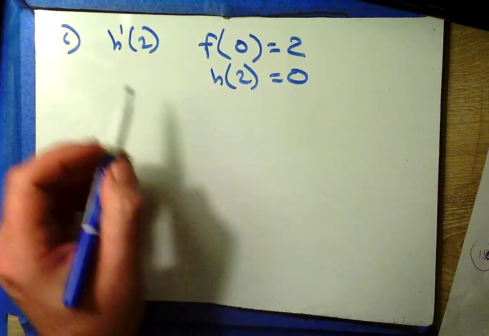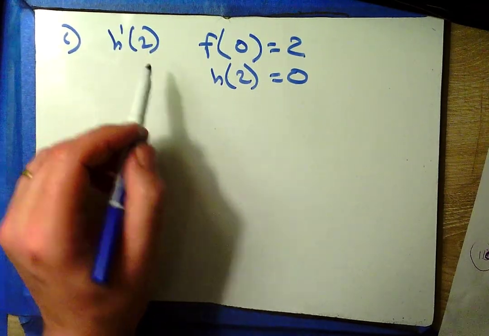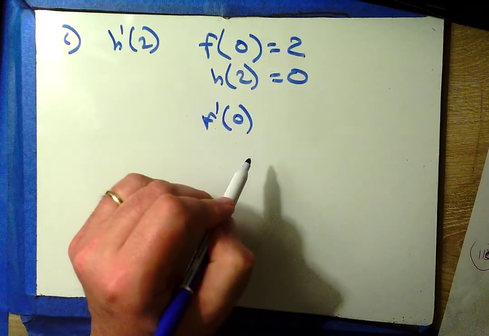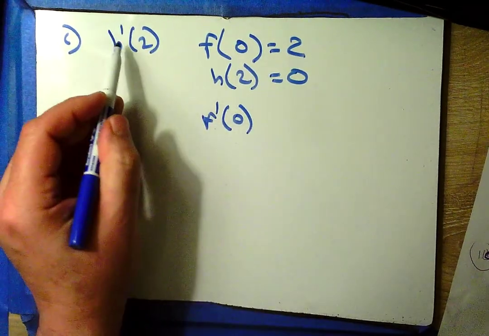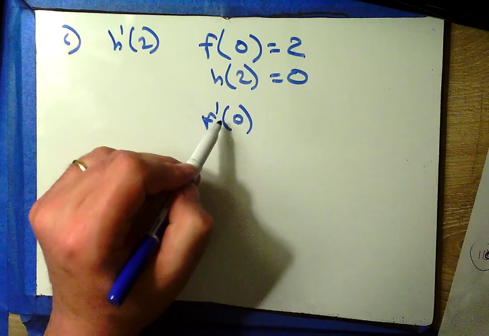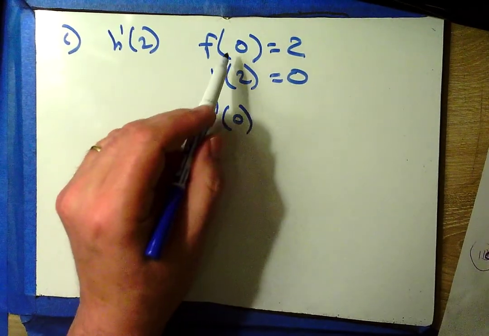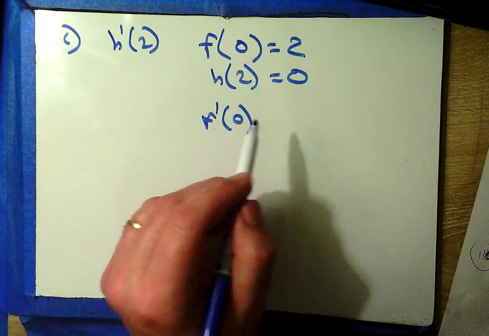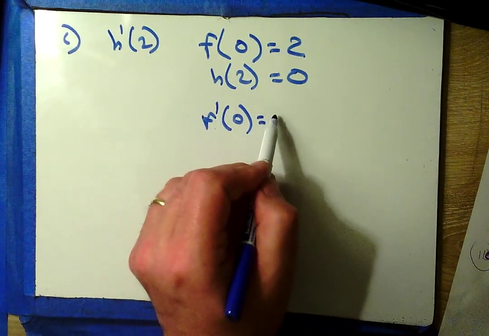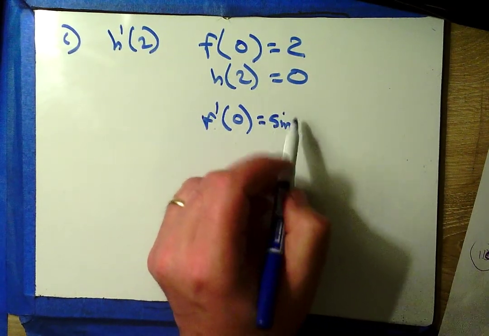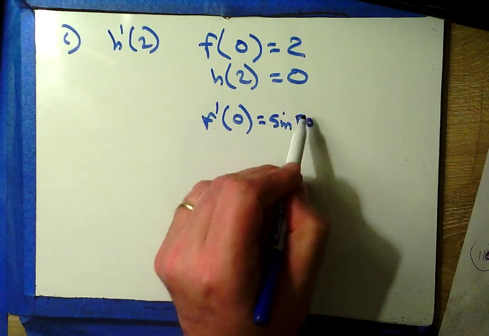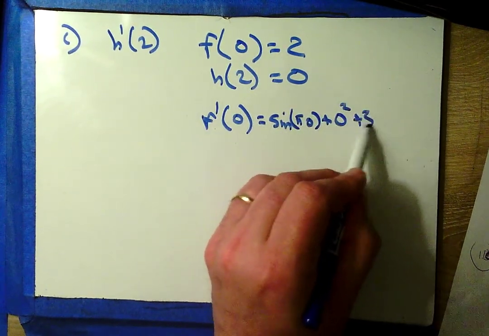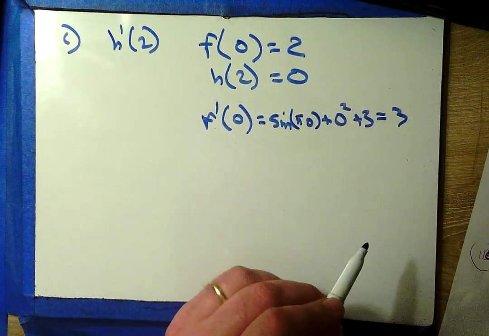Okay. Now, in order to find H prime of 2, I need to know F prime of 0, because I need to know the derivative at this inverse point. Well, we can plug in a 0 into our sine pi times 0 plus 0 squared plus 3 and get a 3.